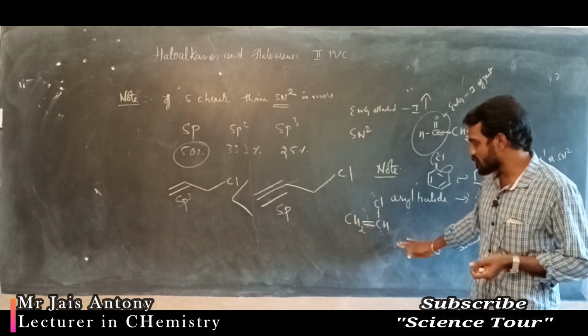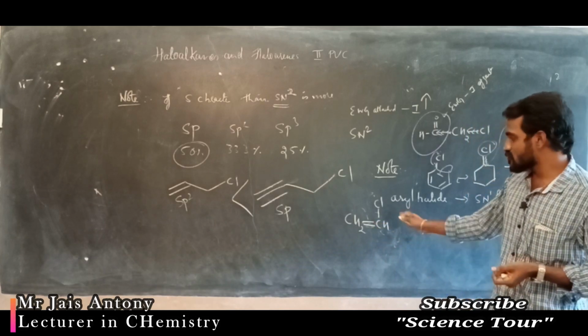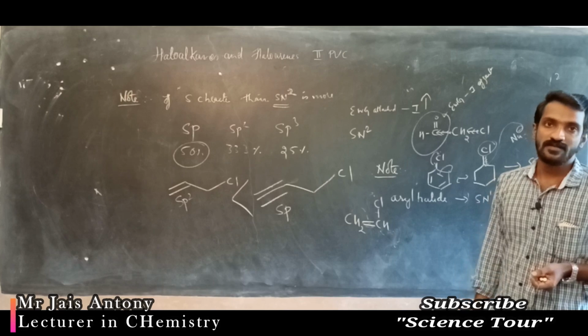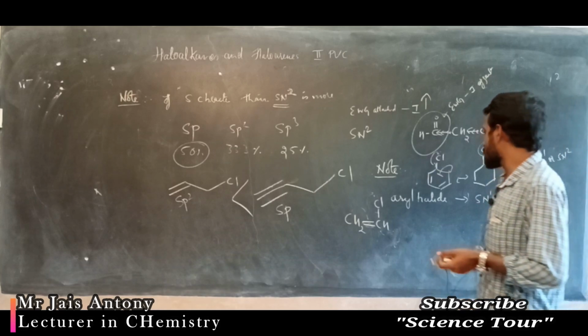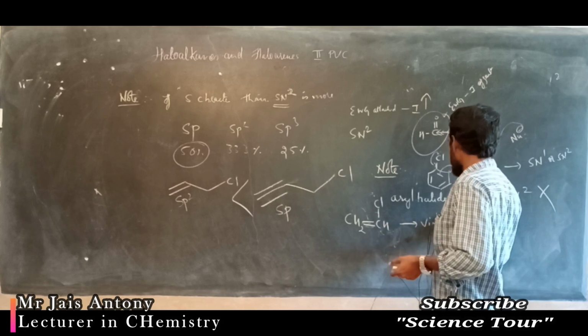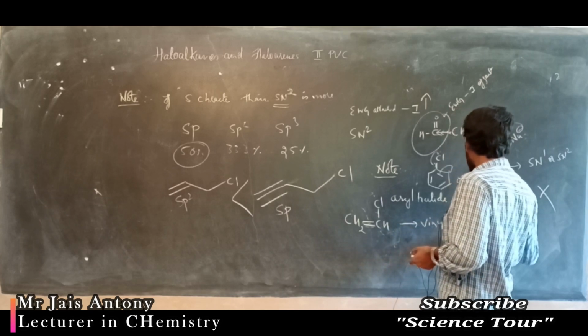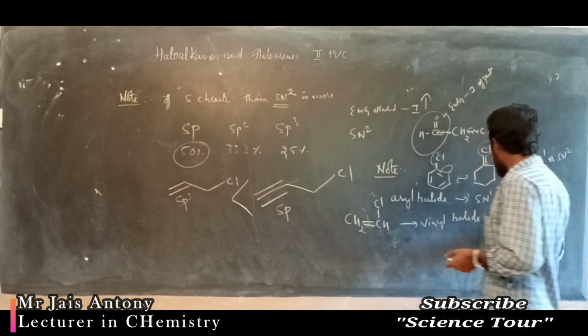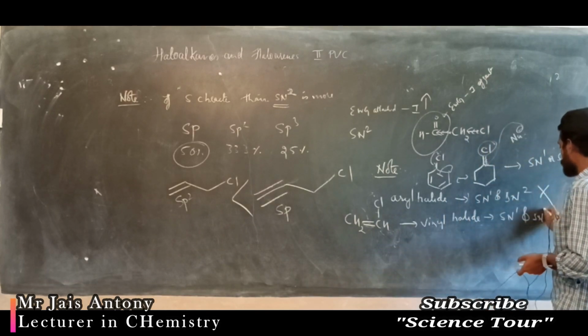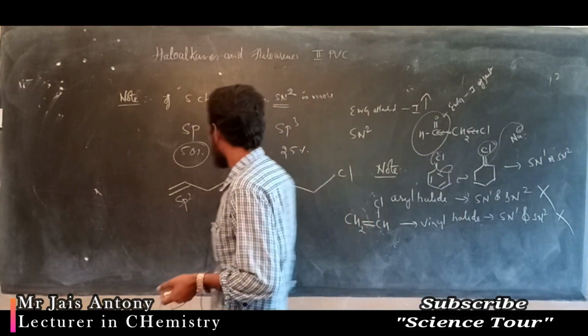It is not possible to attack this carbon. Understood? So the leaving group is stable. Clear? So vinyl halide does not show SN1 and SN2 reaction.